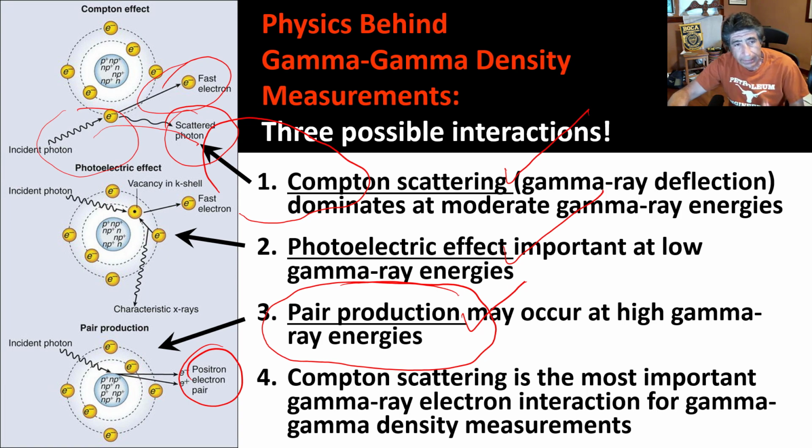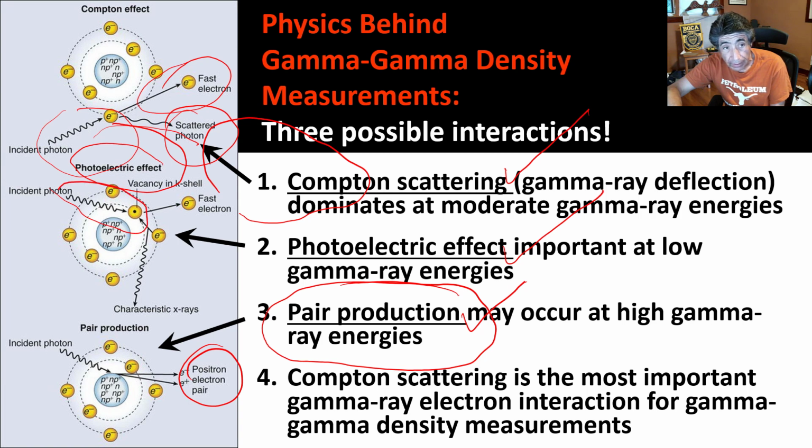So when their energy is so low that it reaches a threshold, instead of being deflected, we have the so-called photoelectric effect, which is that the gamma ray comes to the cloud of electrons and it's absorbed by an electron. So the gamma ray is gone. The energy that the gamma ray had is absorbed by the electron.